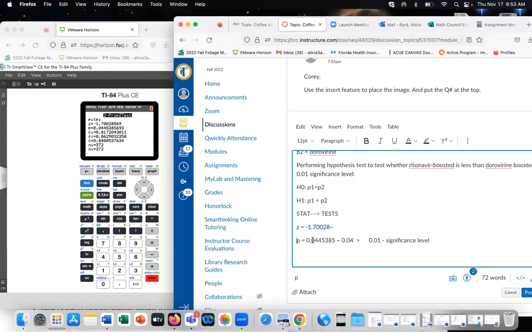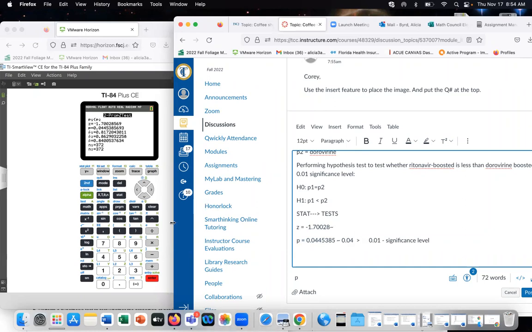Your P value is... I went down to the next part. I'm sorry. P value 0.0445, right? Good. It's saying it's not right.